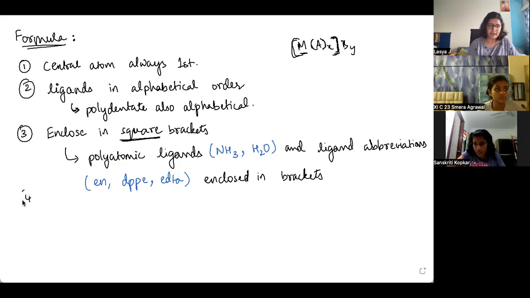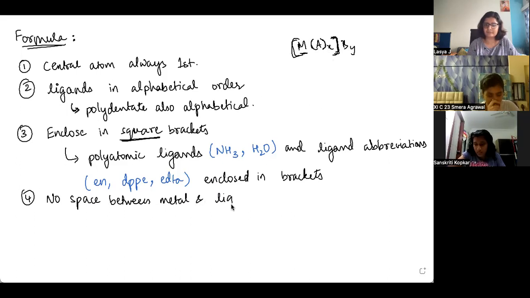These are again formatting rules. There should be no space between anything: between the central atom, the metal, and the ligands, or between the ligands themselves. These two you need to work out.